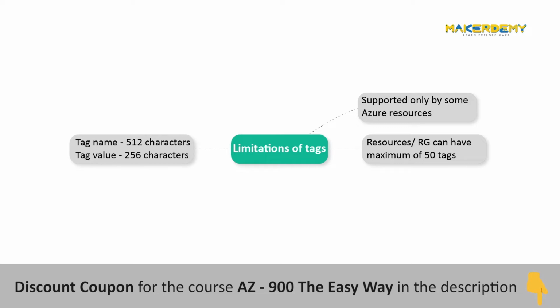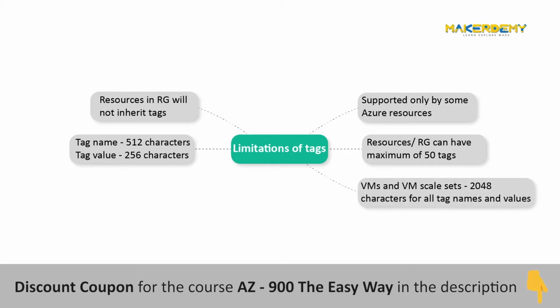The tag name can support a maximum of 512 characters, and tag value can support a maximum of 256 characters. Storage account tag names have a maximum limit of 128 characters, and tag value has a maximum limit of 256 characters. The resources in a resource group will not inherit the tags applied to that resource group.